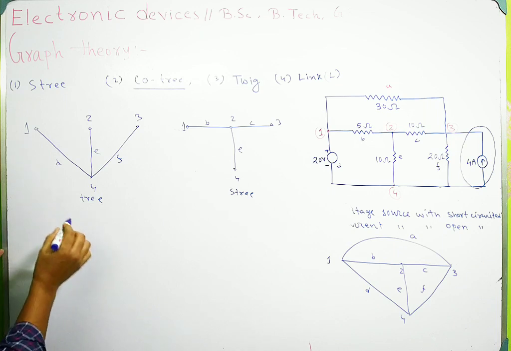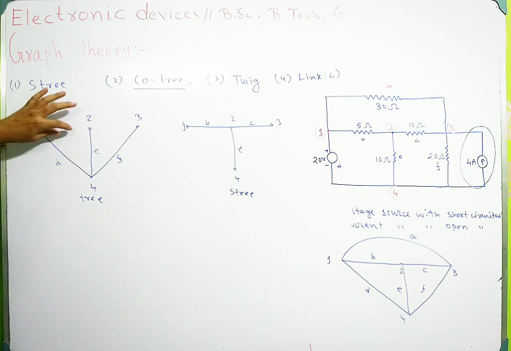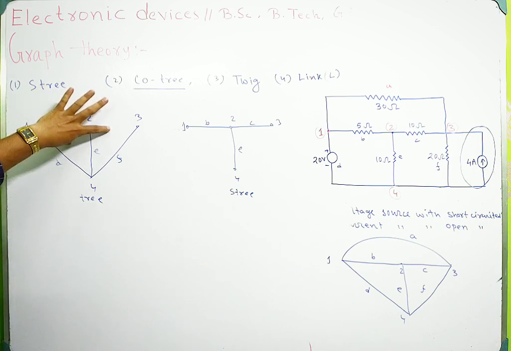Now, which branches are removed to make this tree?